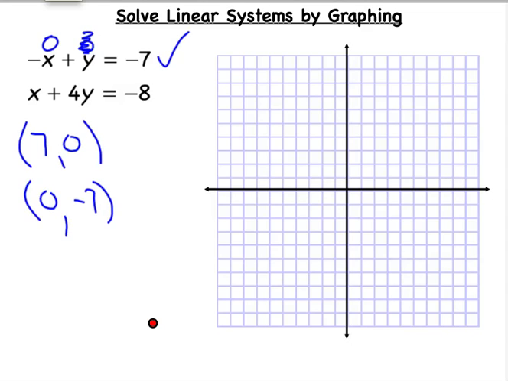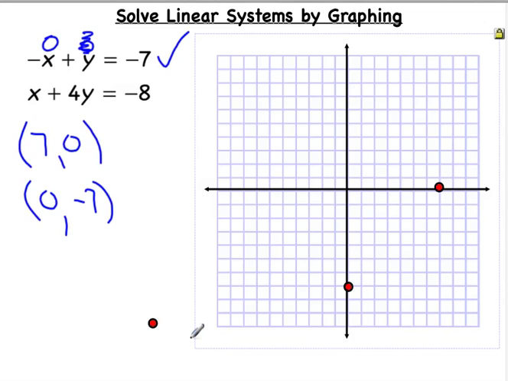So I get 7 and -7 for my intercepts. So I go over 7, and then I go down to -7, and I want to draw my line.